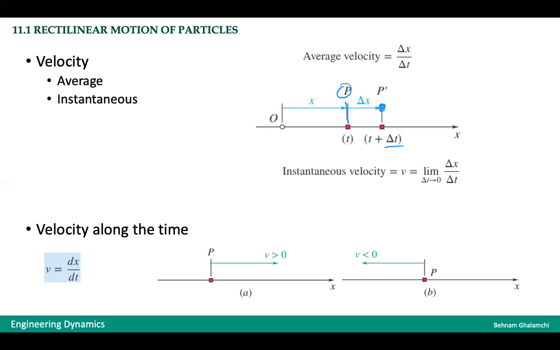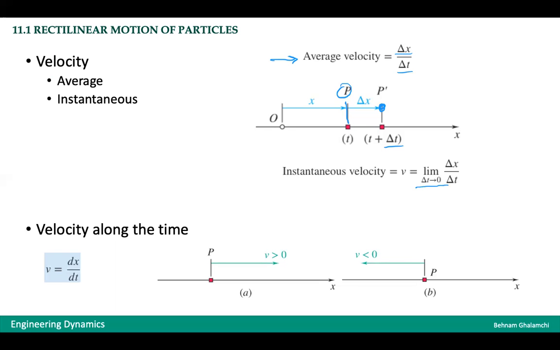Since we have some movement, we are able to define a velocity. First we start with the definition of average velocity during this delta t time, which is delta x divided by delta t: how much displacement we have, divided by how fast the particle passed this delta x. Out of that, we are able to define the instantaneous velocity when delta t is very, very small.